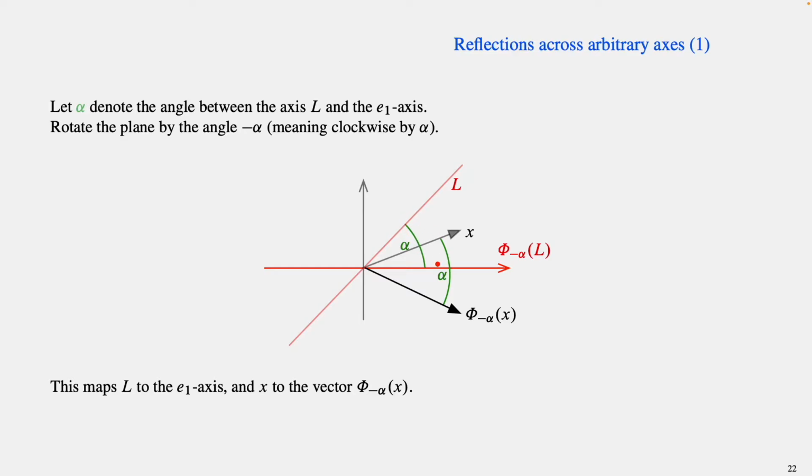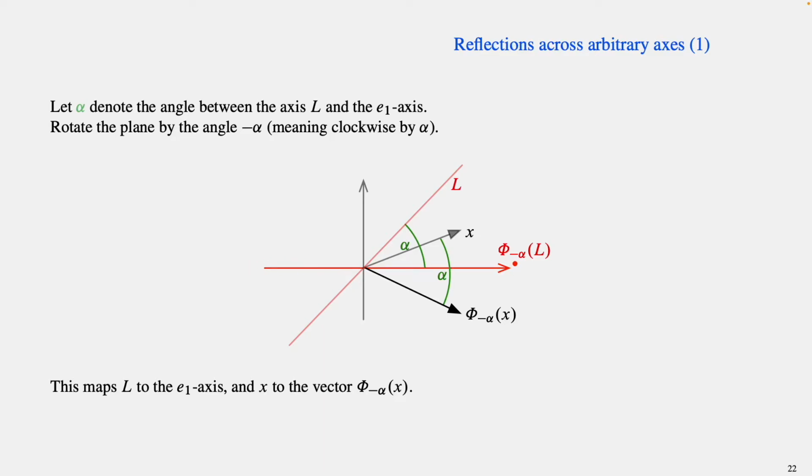so this alpha, then we rotate the whole plane by the angle minus alpha, so meaning we rotate clockwise by the angle alpha. And what this does is it takes L, takes the axis L and rotates it onto the first coordinate axis.